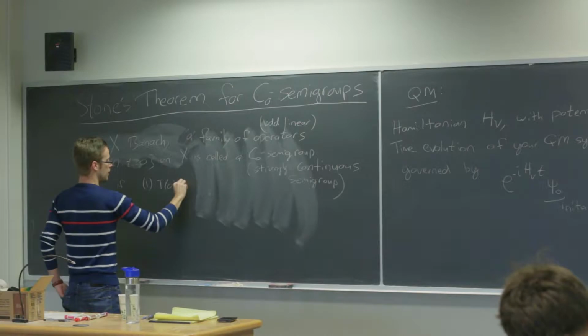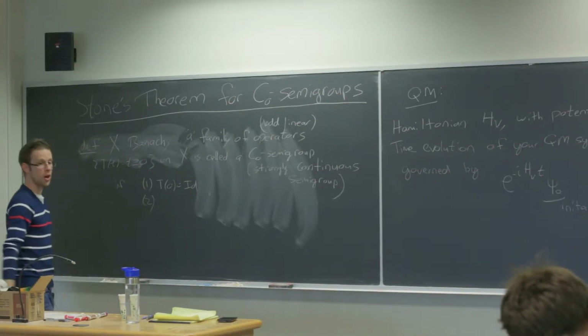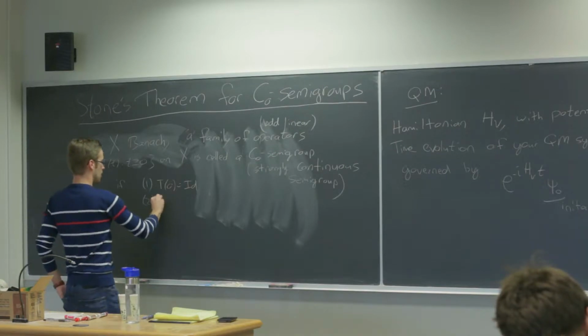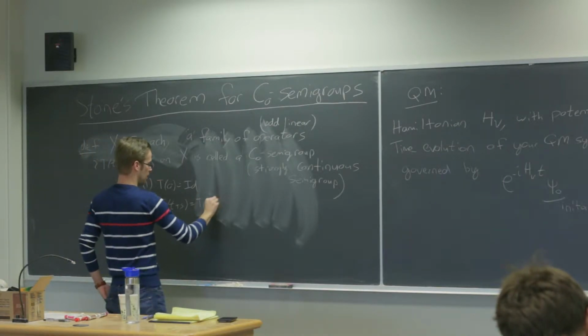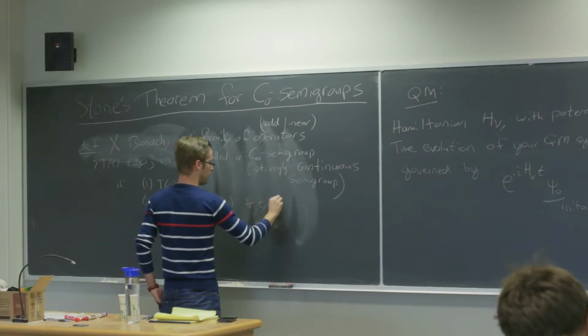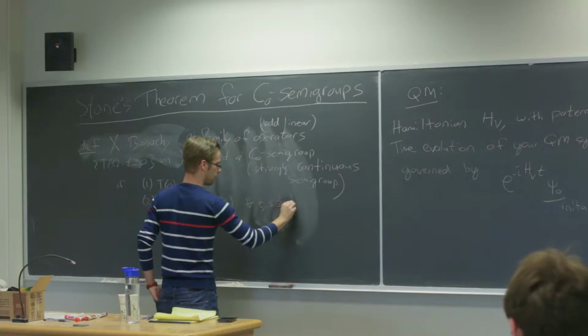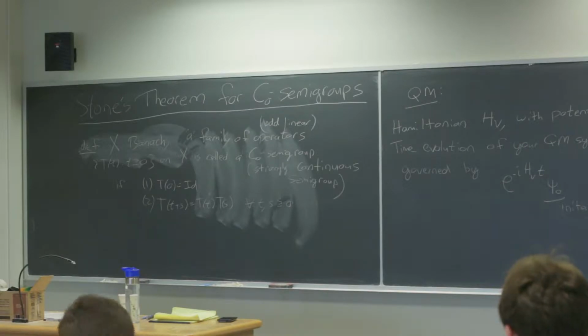T(0) is just the identity. 2. This is called the semigroup identity, which says T(t+s) should be equal to T(t)T(s) for each positive t and s. So far, with these first two, you can kind of see a group structure, which is why it's called a semigroup.